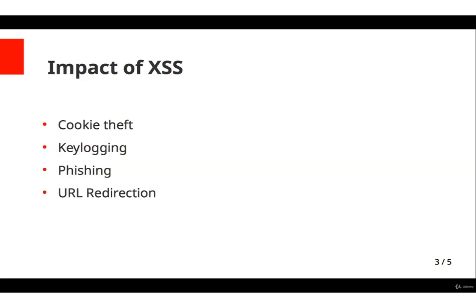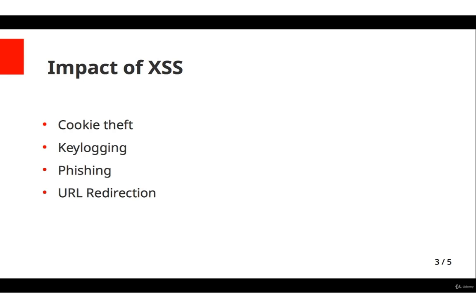Let's talk about the impact of cross-site scripting. Cross-site scripting can be used as part of a phishing attack, URL redirections, as well as key logging, as well as cookie theft. In order to run malicious JavaScript code in a victim's browser, an attacker must first find a way to inject a payload into a web page that the victim visits.